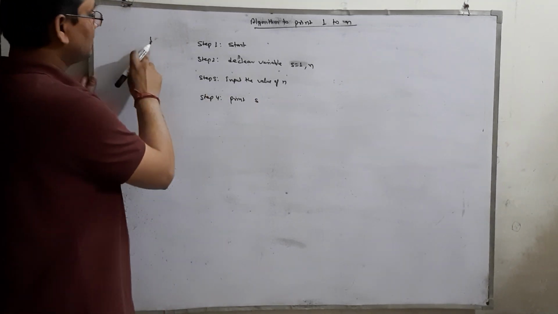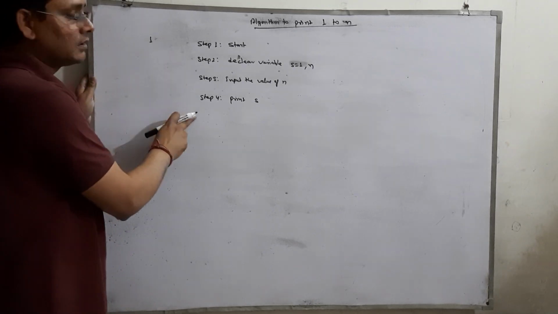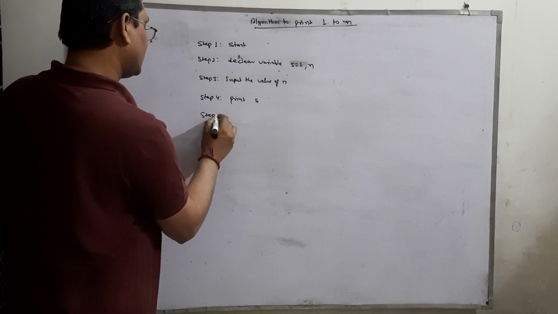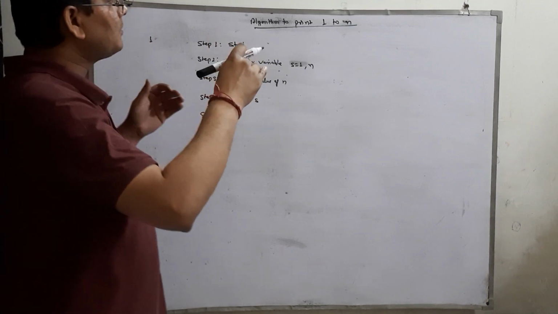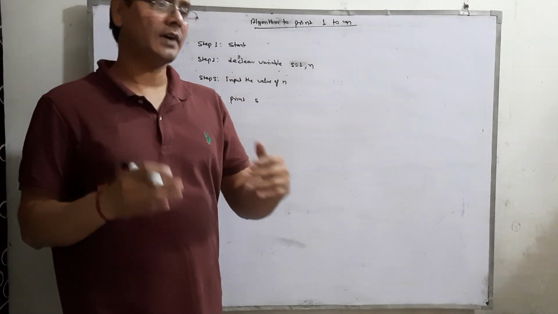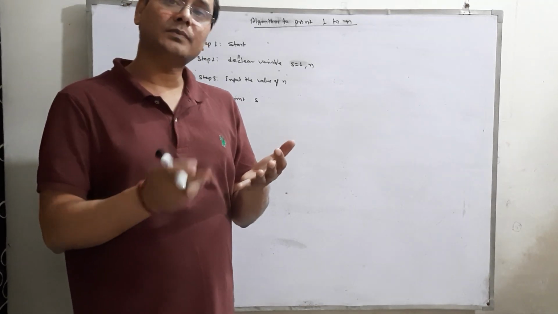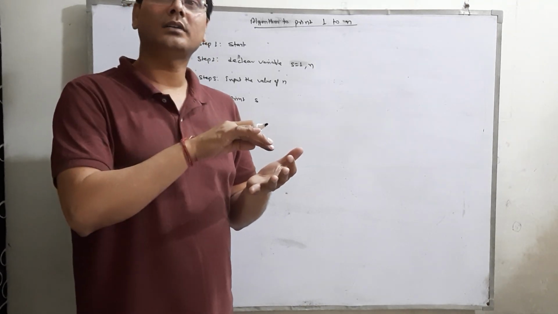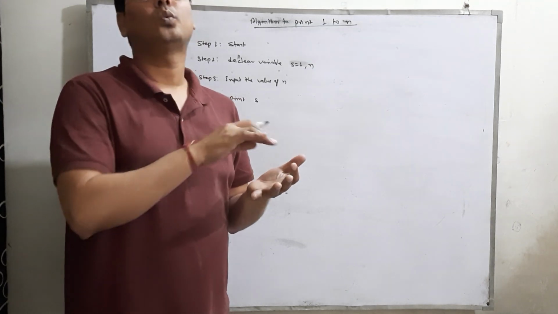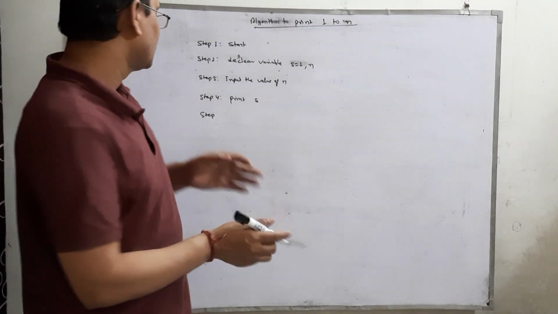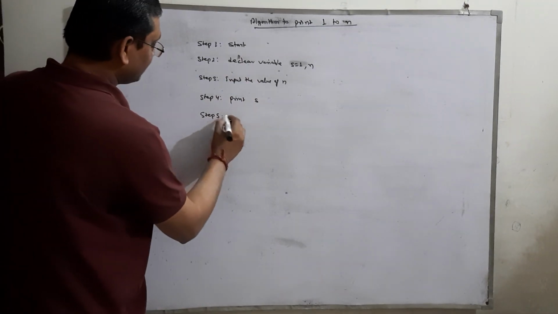Now 1 is printed by the algorithm. After printing, we have to go from 1 to n. Suppose n is 5, then we have to print first 1, then 2. 2 is what? Increment of 1 with initial value 1. So increment is there.